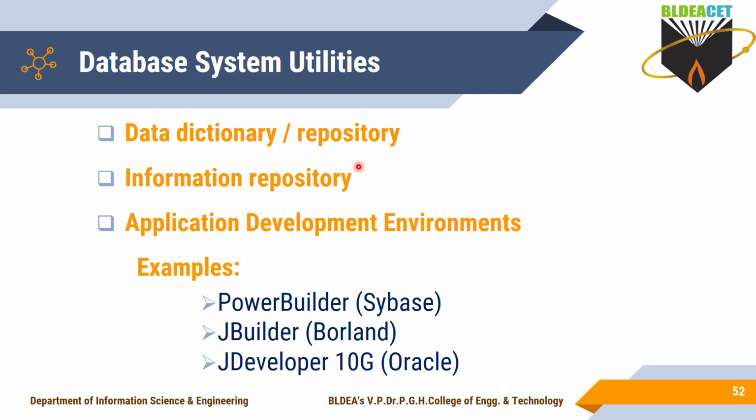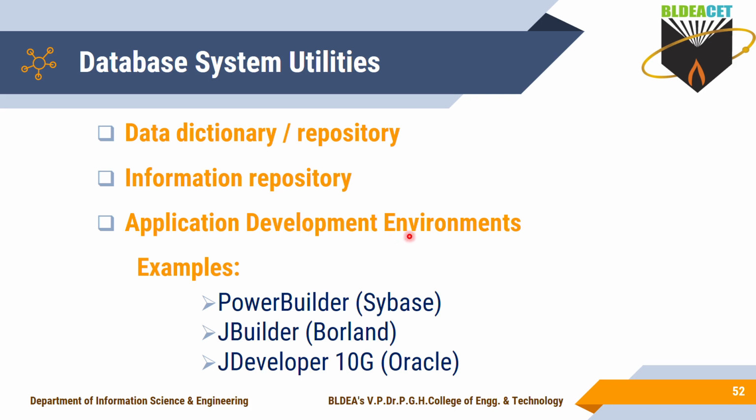Along with that you can also store other information like design decisions, usage standards, application program descriptions, and user information. All this other information you can also store, and that we call an information repository. Is it clear now? So along with the database structure, you can also store information related to the design phases of the database system.